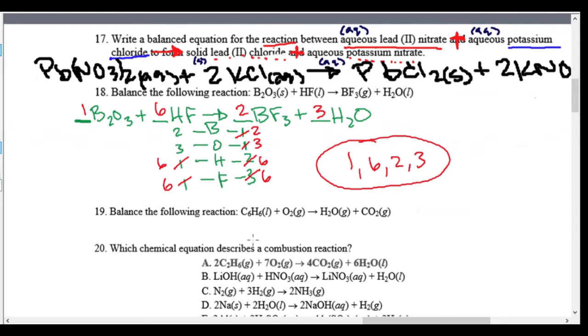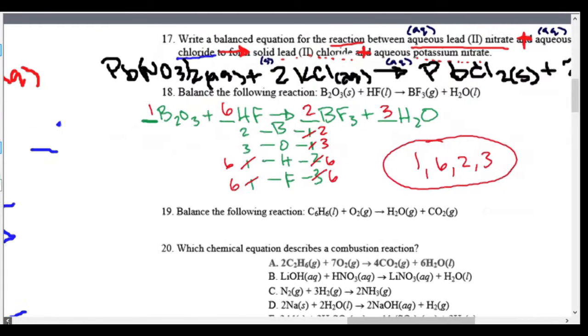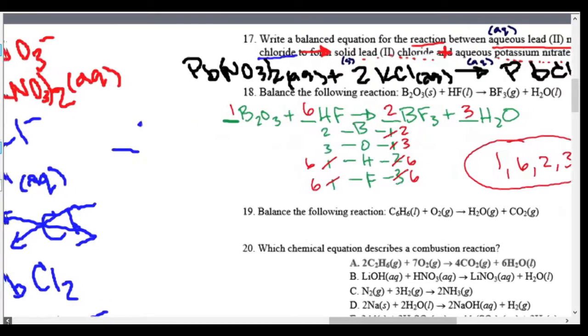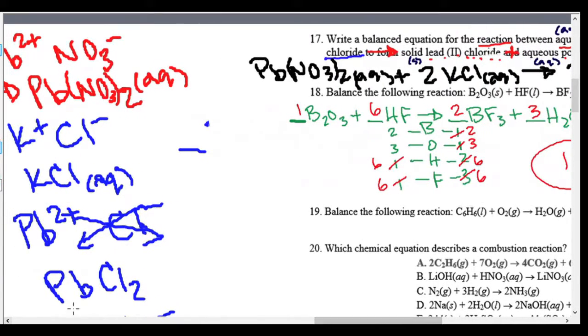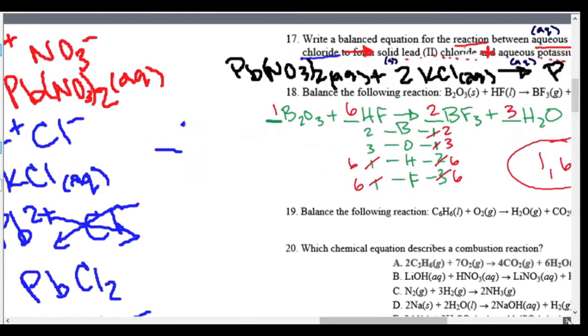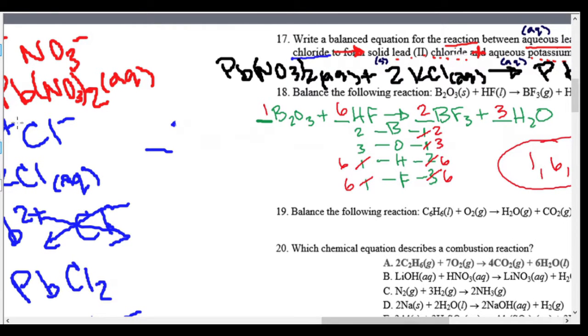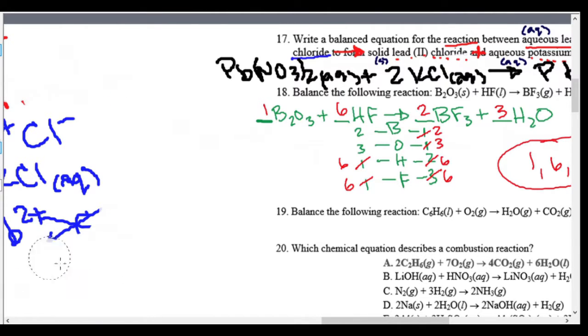Alright, balance the following reaction. This one is one of the ones that, if you look at the combustion reactions, tend to get a little messy. So let's do this one off to the side. Let me go ahead and get rid of this stuff really quick.